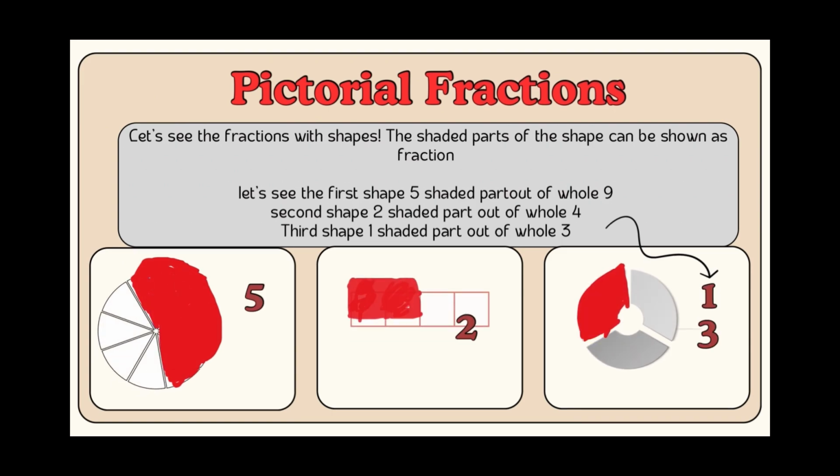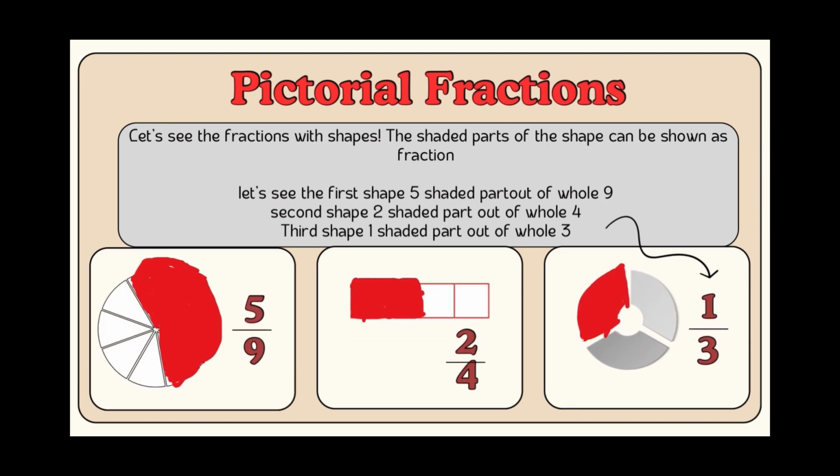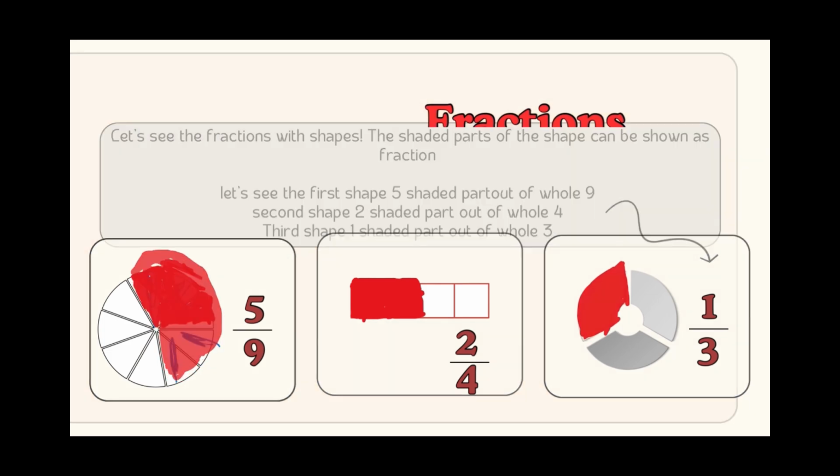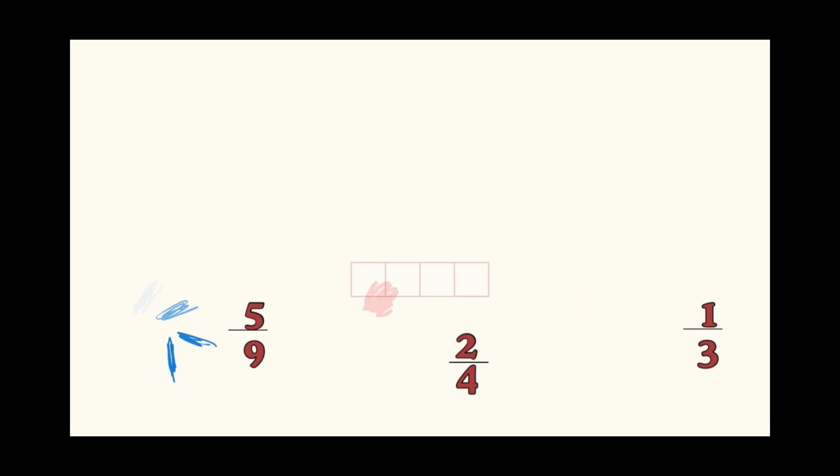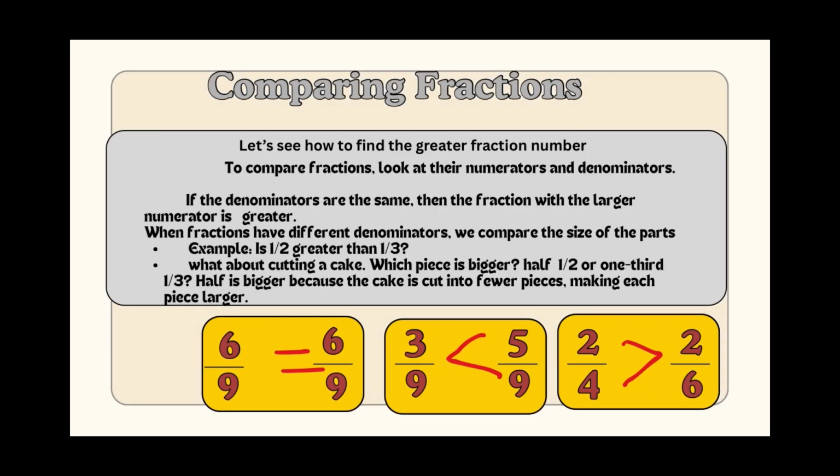Next, we have pictorial fractions, to understand fractions by pictures. Suppose in the first picture, a pie has 9 parts in total, and 5 are shaded parts. So the fraction is 5 by 9.